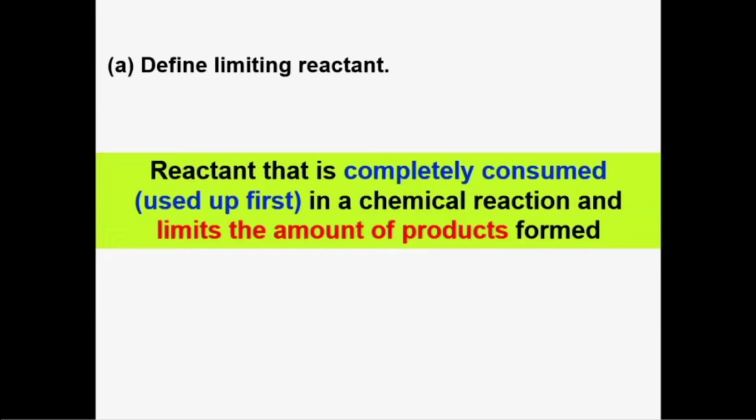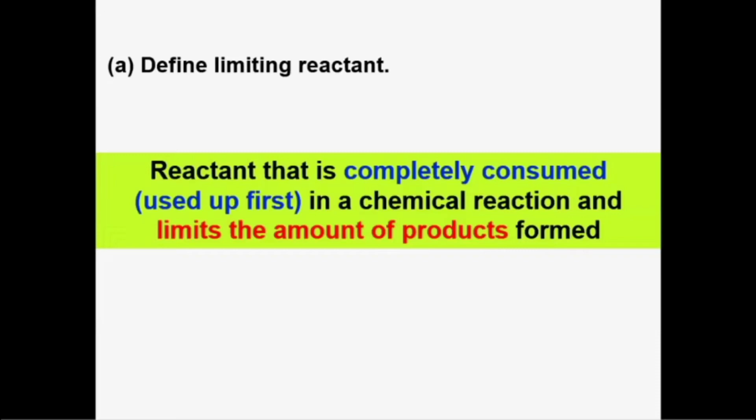Remember, when we want to define this limiting reactant, there are 2 points here. The first point is a reactant that is completely consumed in a chemical reaction, and the second point that you must state in your definition is that this limiting reactant limits the amount of products formed. So these 2 points will be the definition of limiting reactant: the reactant that is completely consumed in a chemical reaction and limits the amount of products formed.